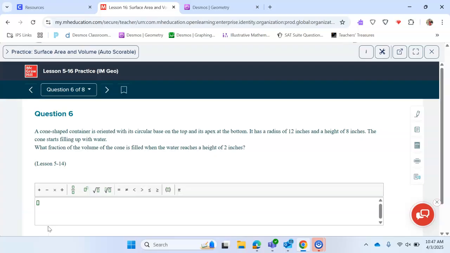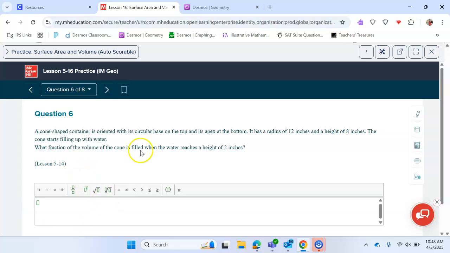Question 6. A cone-shaped container is oriented with its circular base on the top and its apex at the bottom. It has a radius of 12 inches and a height of 8 inches. The cone starts filling up with water. What fraction of the volume of the cone is filled when the water reaches a height of 2 inches?